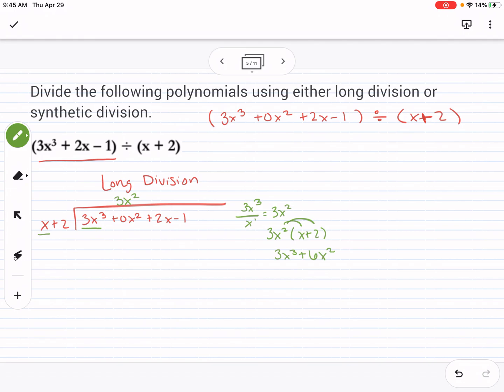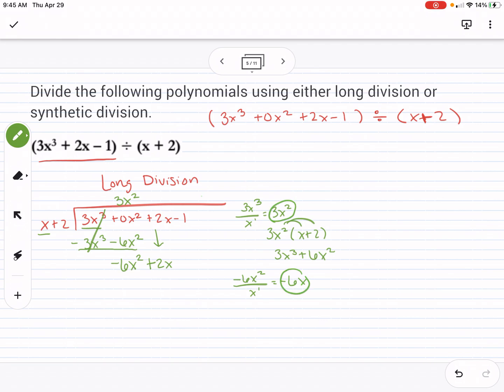When you write this underneath your long division, you want to subtract. So since you're subtracting, you're going to change the signs. So it becomes negative 3x cubed and negative 6x squared. So now I'm going to bring down my 2x and I repeat. So now I'm dividing negative 6x squared by x. That comes out to negative 6x.